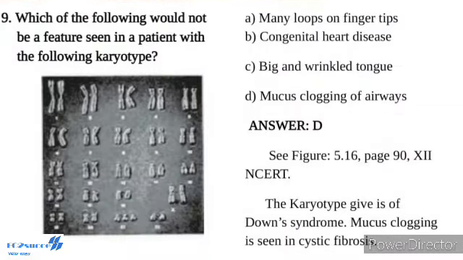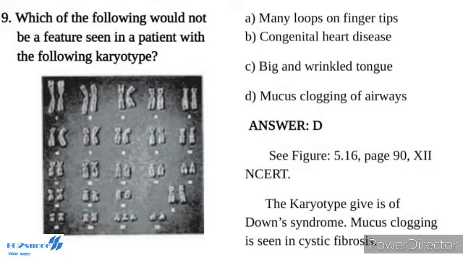Question number 9. Which of the following would not be a feature seen in a patient with the following karyotype? Shown in the diagram, a representative figure showing an individual afflicted with Down syndrome and the corresponding chromosomes of the individual.